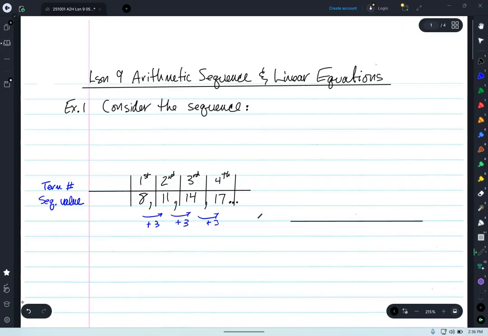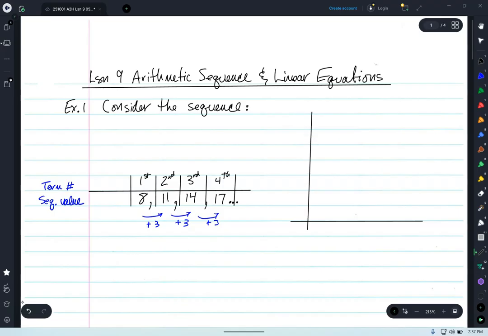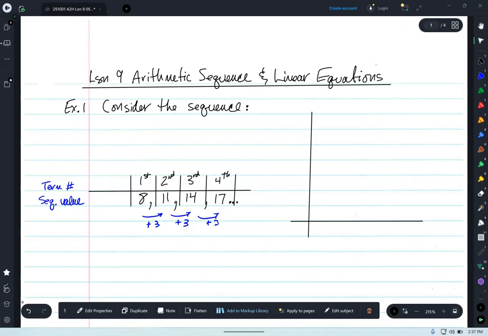So you're going to count down 1, 2 lines. You're going to draw a straight line across like that. And then you're going to do another one like this. I got a little crooked.